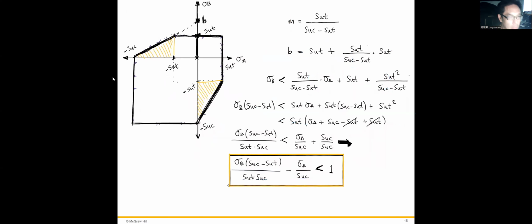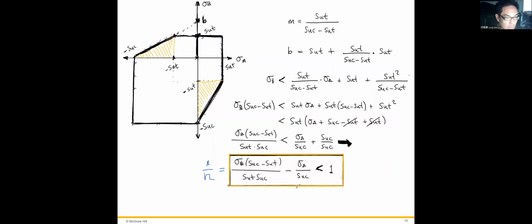So finally we got the equation for the Coulomb-Mohr, and we define the safety vector by using the Coulomb-Mohr.